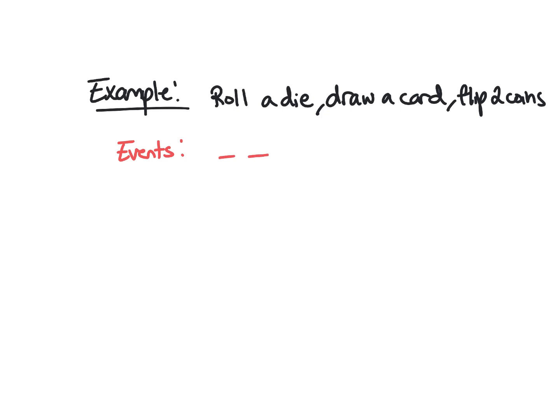What would this look like? Well, we basically have 4 things going on, right? I could say roll a 3, draw a heart, and then flip exactly 2 heads. So this would be an event.